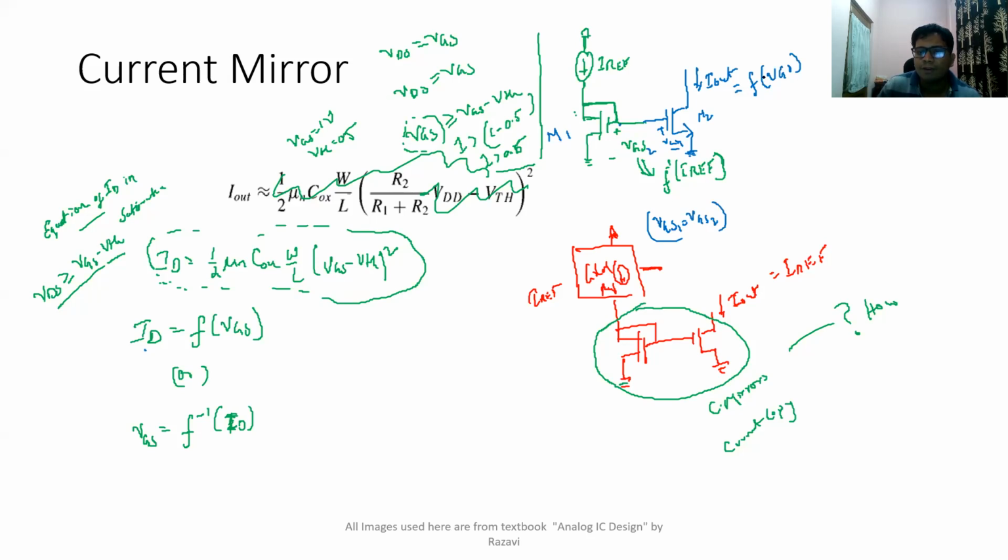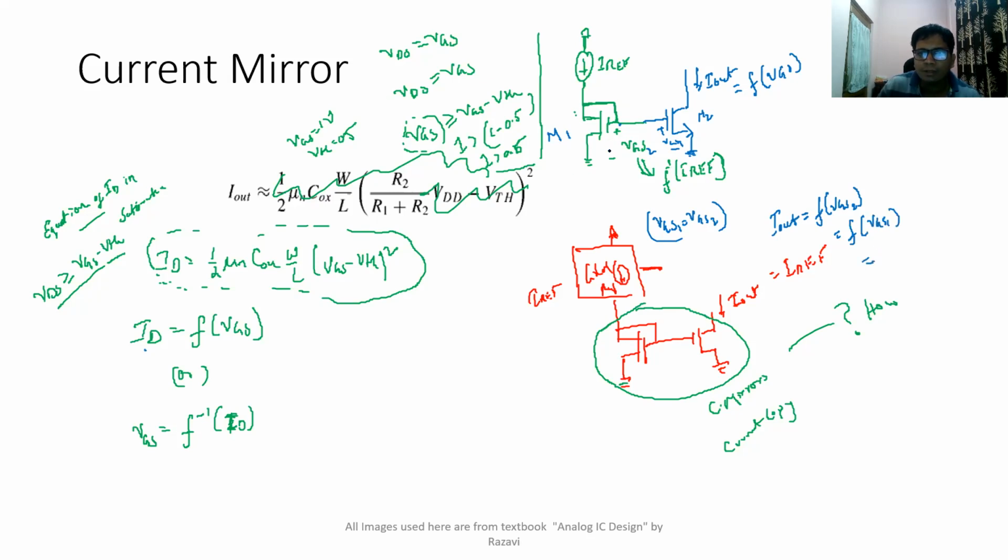The I out here was equal to f of VGS of this transistor, which is 2, VGS2. But we know from the circuit, because both the sources are grounded and both the gates are connected to the same point, VGS1 equals VGS2. So yes, you can replace VGS2 with VGS1.